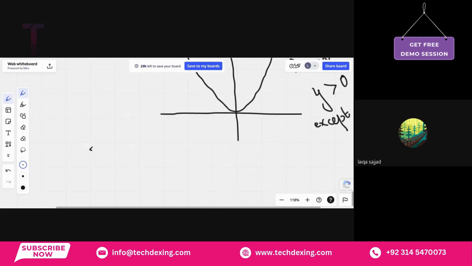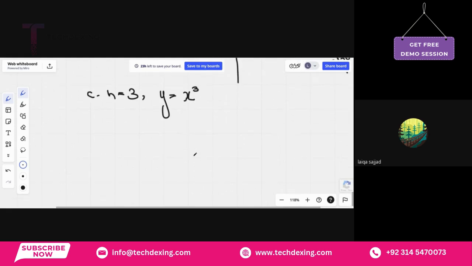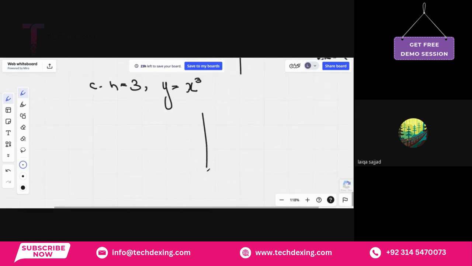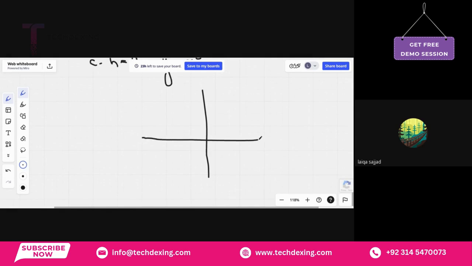Then we have a third type of graph, which we get when the value of n is 3. This is what we call a cubic equation: y equals x raised to the power 3. In this case, we see a graph which looks like this.